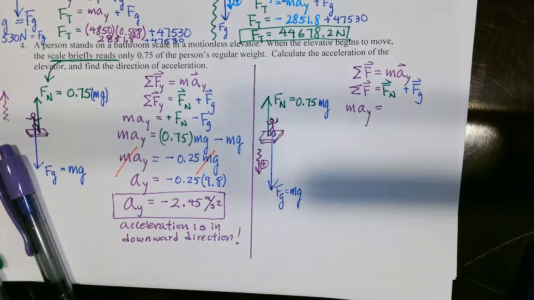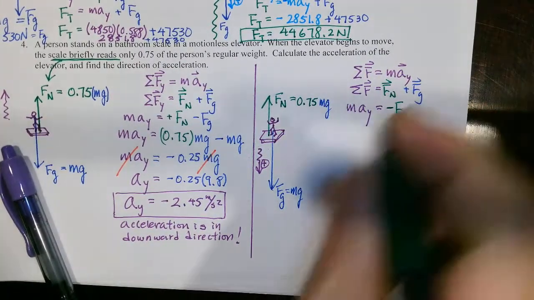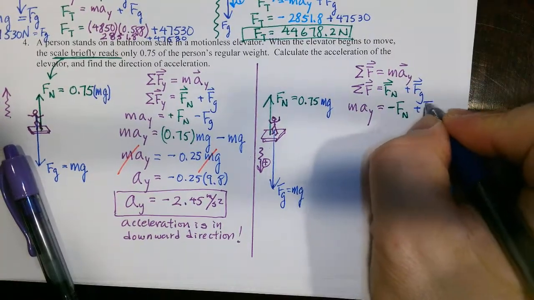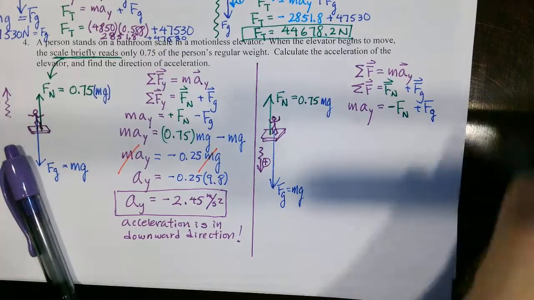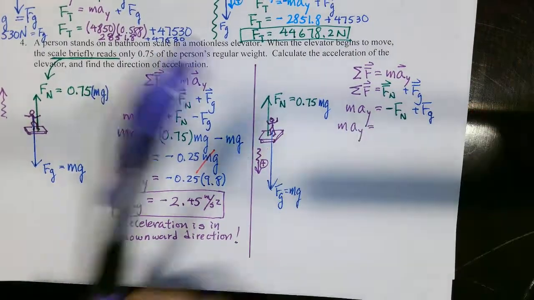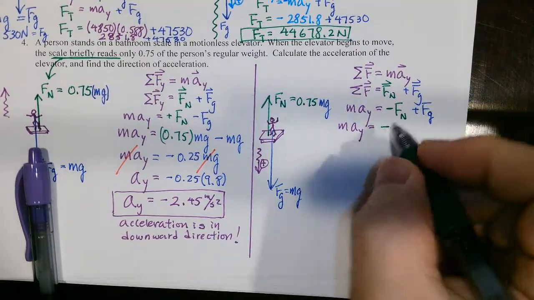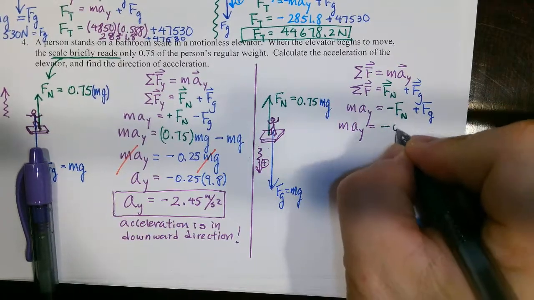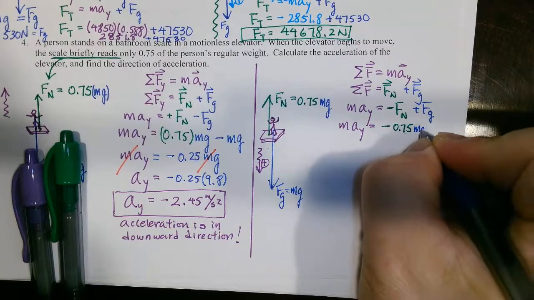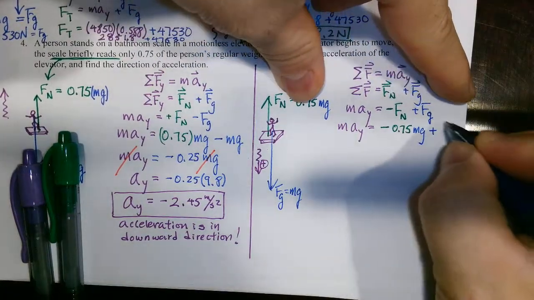this time my F normal is negative. Right? And my Fg happens to be positive. So MAY is equal to negative 0.75 mg plus mg.